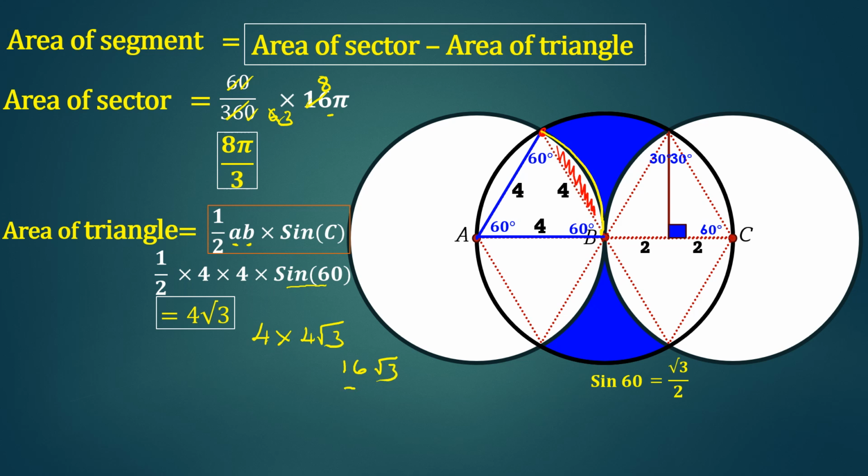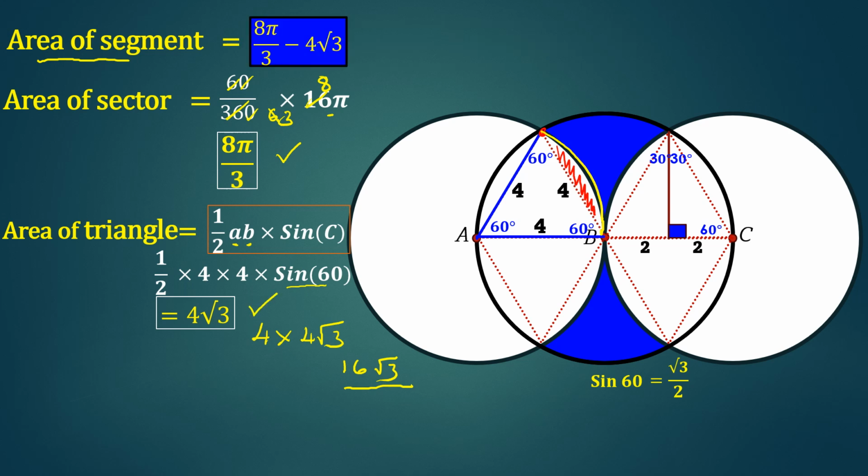The area of all 4 triangles is simply 4 times 4 square root of 3, which simplifies to 16 square root of 3. Next, if we go back to the area of the segment, we said it is the area of a sector, which we have here, minus the area of a triangle, which we also now have here. So this will give us 8 pi over 3 minus 4 square root of 3.